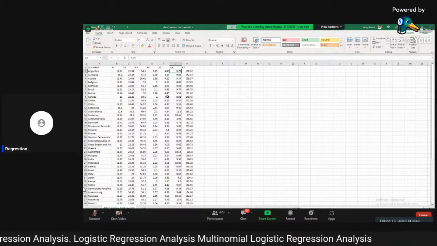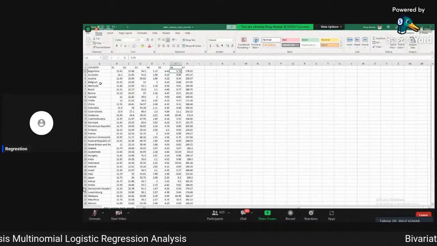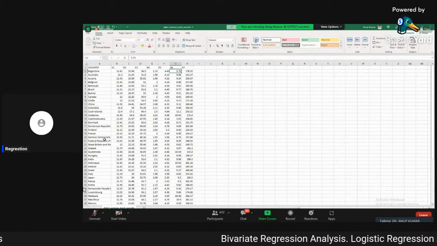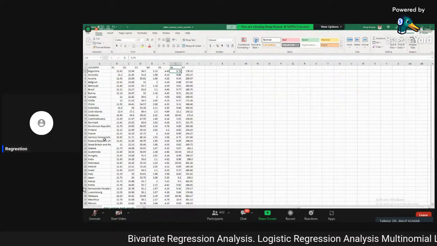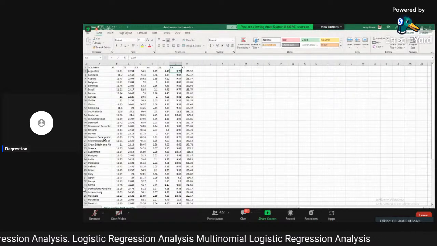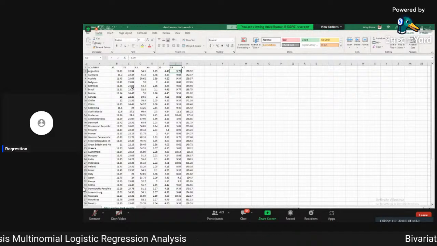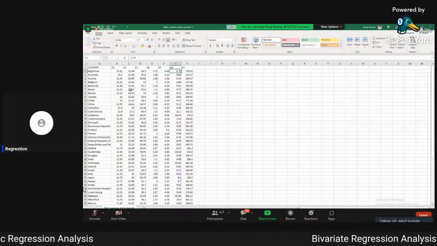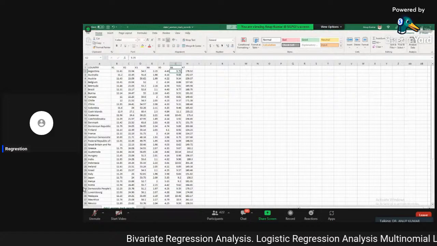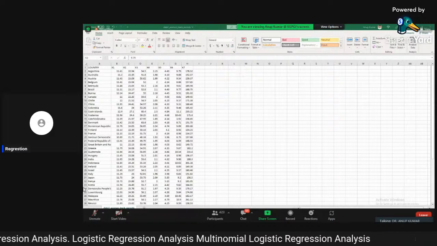So this is the measurement of the time taken by the women of these different countries to complete the race. Now, we would like to do exploratory factor analysis with this, and we want to see whether some factors are there or not. So for this, I will open the SPSS.